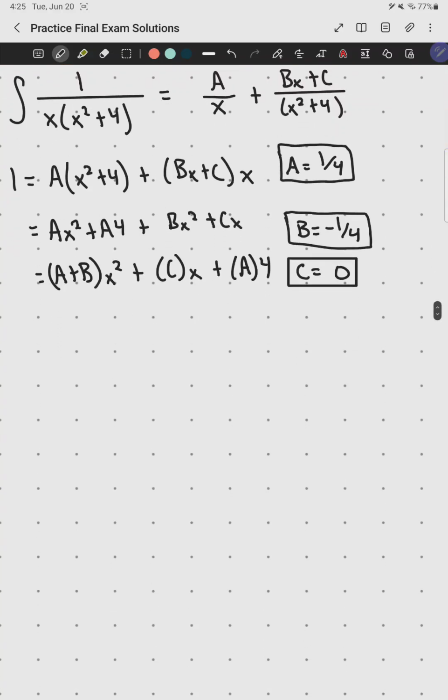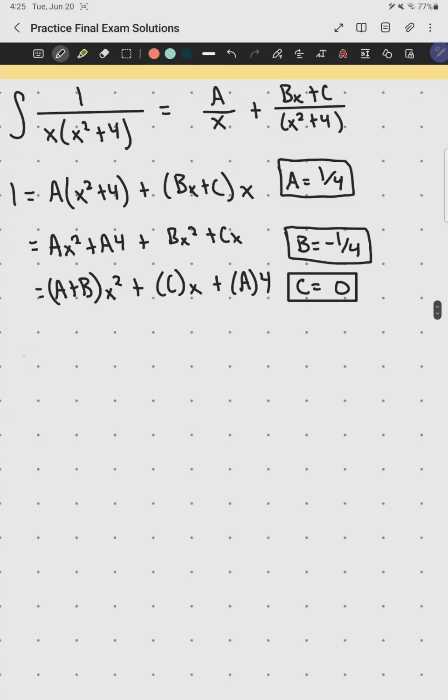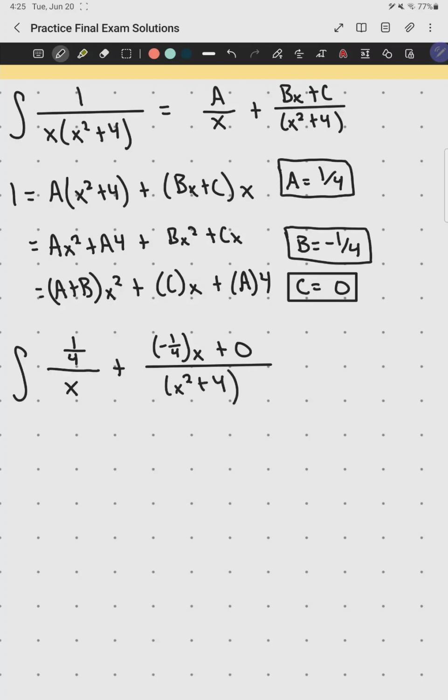Now, from here, let's rewrite our equation. So we have the integral of 1/4 over x plus negative 1/4 x plus 0 over x squared plus 4 dx.